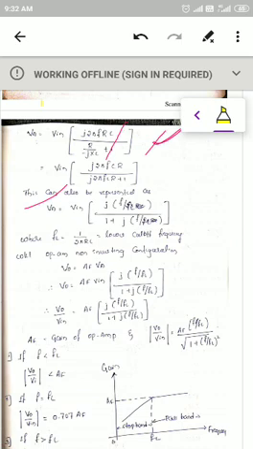Okay, up to here you understood. Vo is equal to Af into Va, you substitute Va, and this is the equation for the gain of the filter. Gain of the filter is nothing but Vo divided by Vin, equal to the other term.